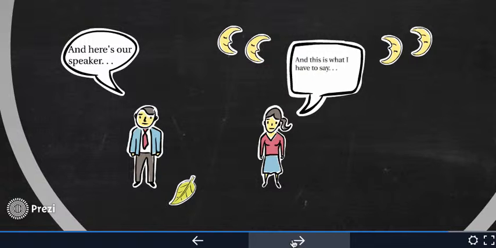Separating the two, we have a comma leaf, and then we have the stars looking down, shining upon our speaker, as it is important and should be recognized from the rest of the parts of the sentence. And Important Izzy is going to say what she has to say, and she is the dialogue part of the sentence. So you can see how it is probably the most important part of the sentence.